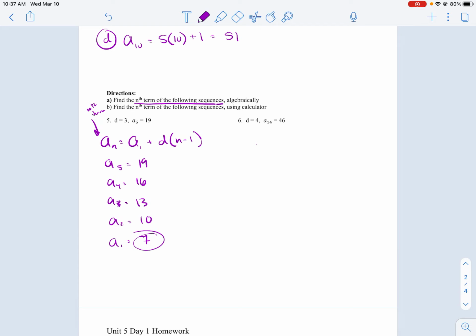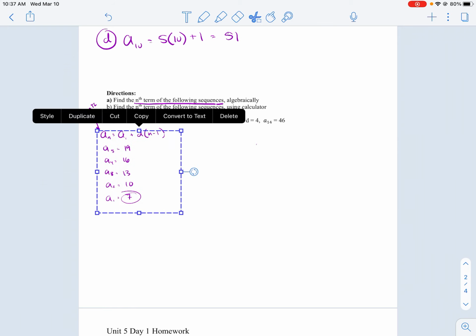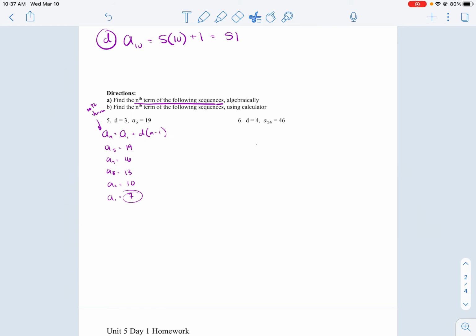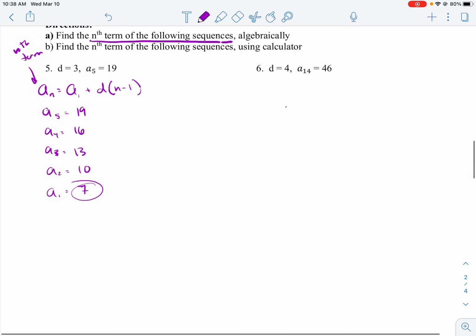So a way to take care of that, shrink this down here. Okay? The way to take care of that is this. So we want the first term. So how do I get from 5 to 1? Well, our difference there is 4.